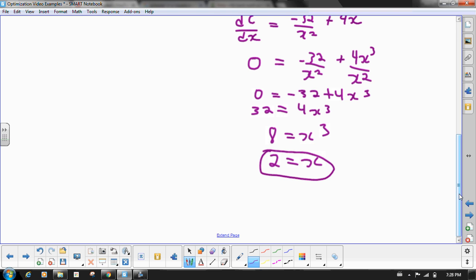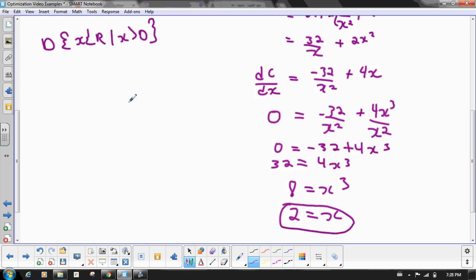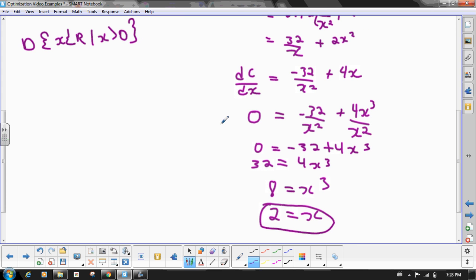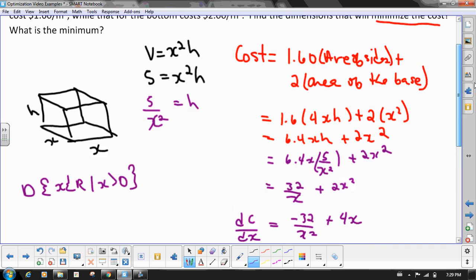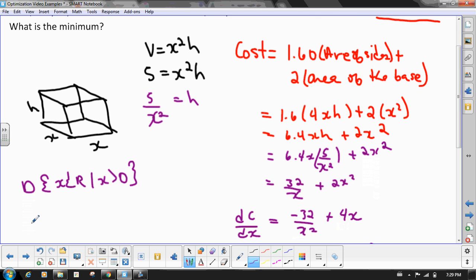So now I'm going to scroll all the way back up and see what question is being asked. So I believe it wants to know the dimensions that will minimize the cost, and it wants to know what the minimal cost is. So right now I have x equals 2. So h is going to equal 5 over 4, and I should put some units in here.